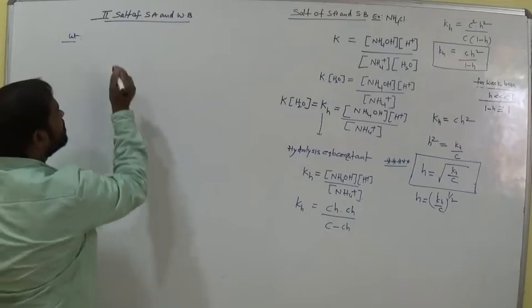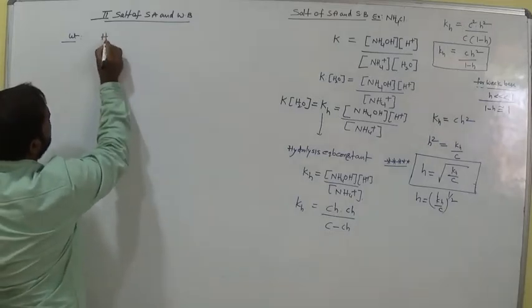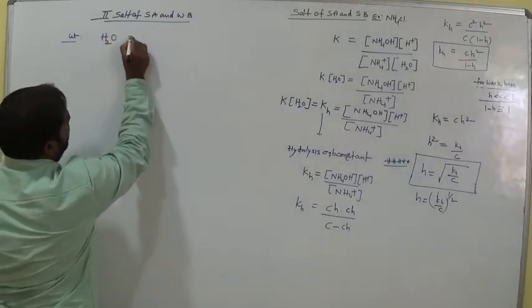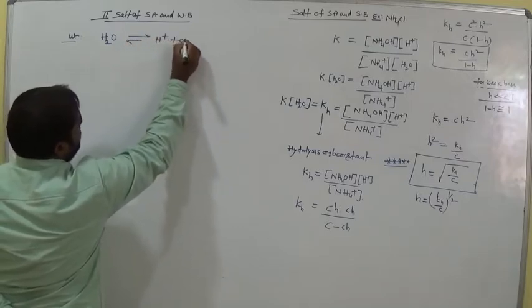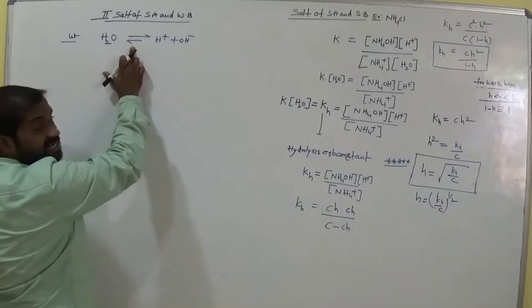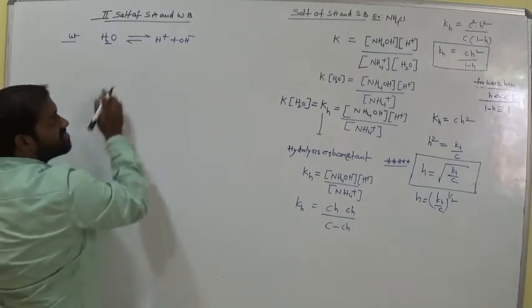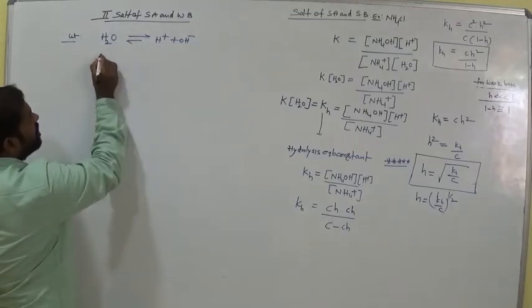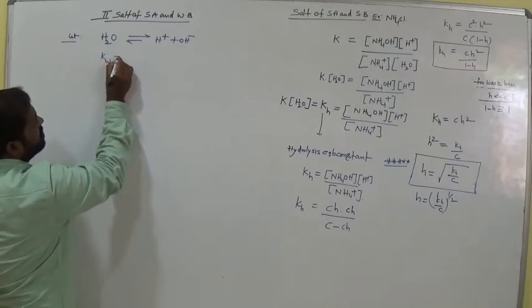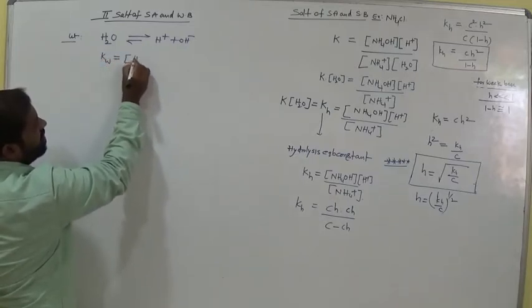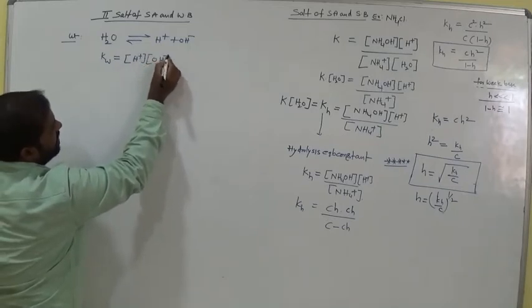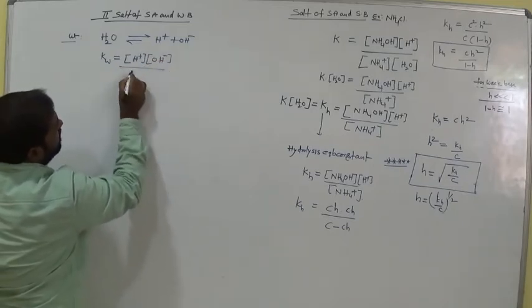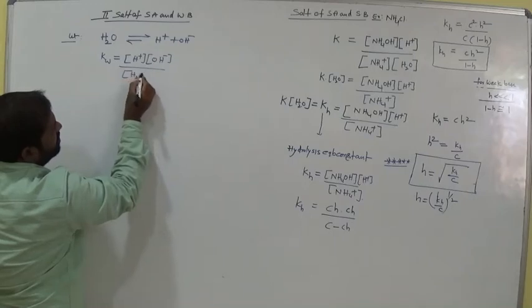In the above equation we have water also, am I right? That is H2O. Water undergoes hydrolysis, it gives H plus and OH minus, am I right? This is the equilibrium condition, hydrolysis of water. Now Kw for this is the molar concentration of H plus, the molar concentration of OH minus, by H2O, am I right?